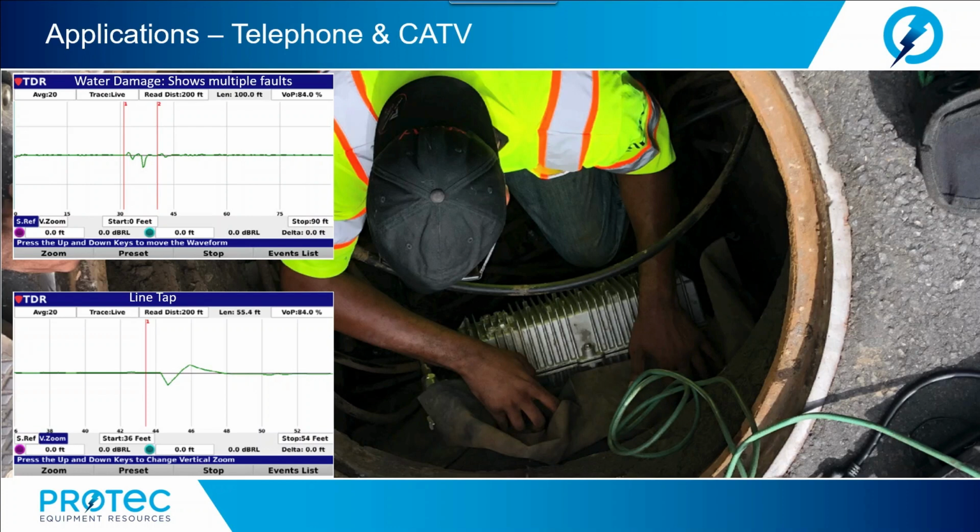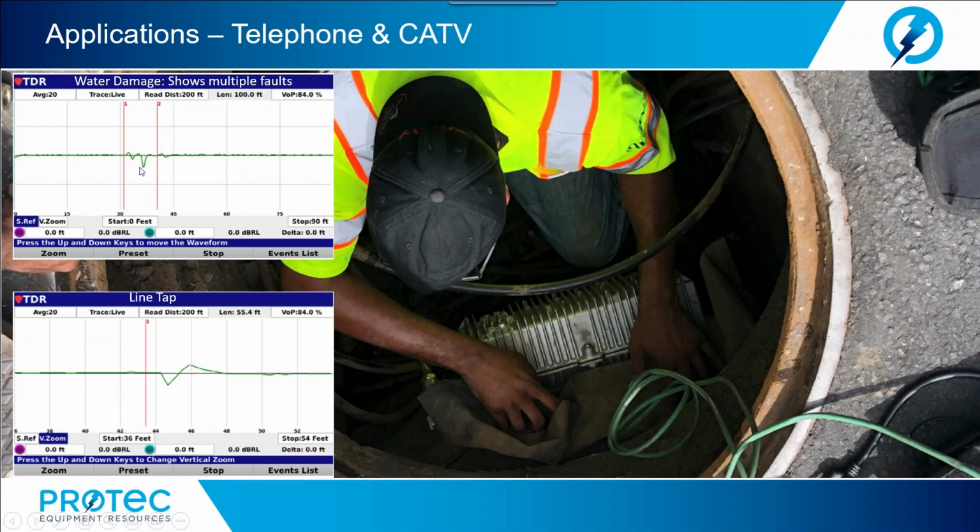When installing a new cellular site, the Time Domain Reflectometer is particularly useful for ensuring that specific cables are connected to the proper antennas. Now again, we show a couple screen captures. In our first screen capture, we show the pattern indicating water damage or water ingress in the cable.